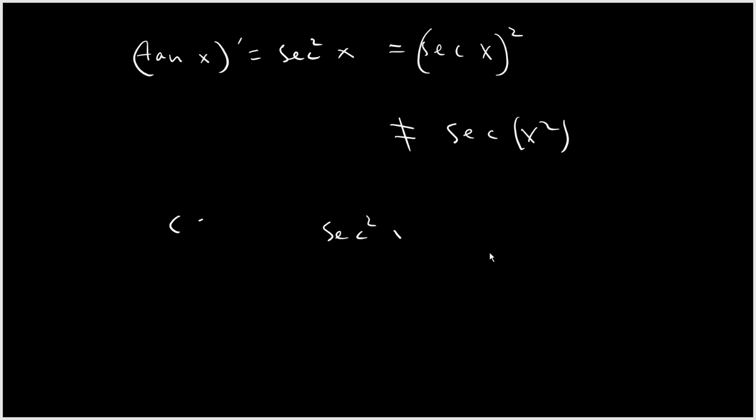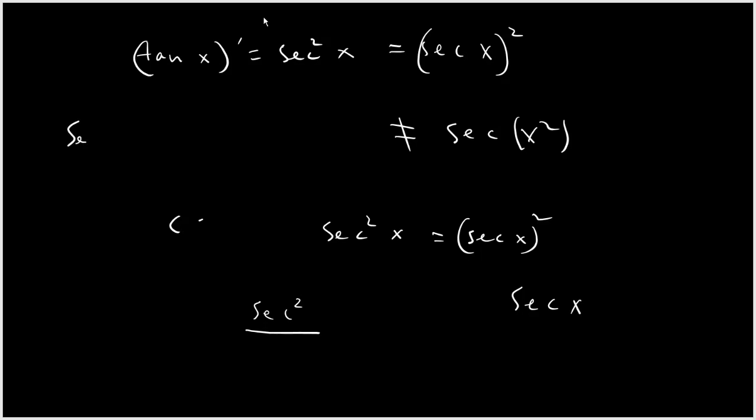But secant of x the whole thing squared just means secant of x the whole thing squared. I know there's a common mistake in here. Secant squared, this notation itself does not make any sense. Secant is a function notation. Only when you follow secant by some x or by some number will it make sense.